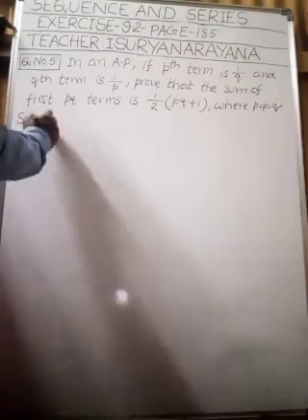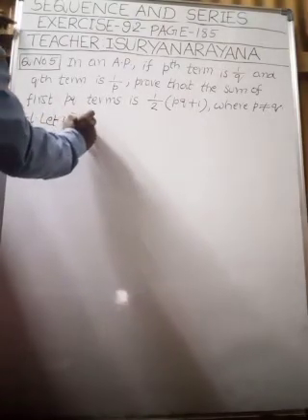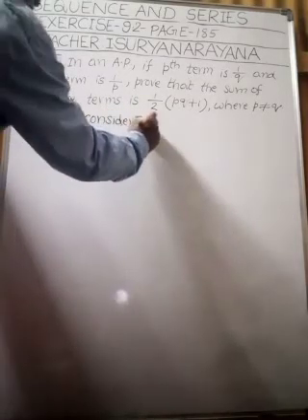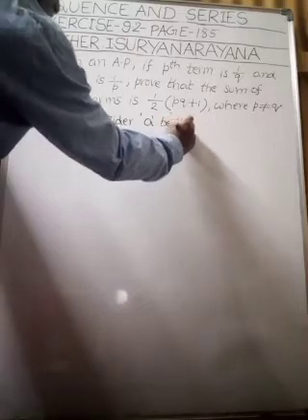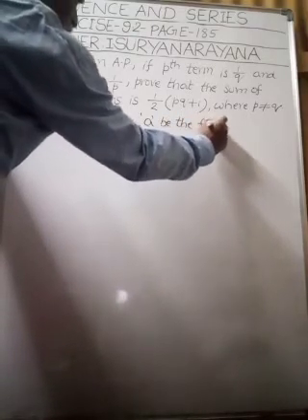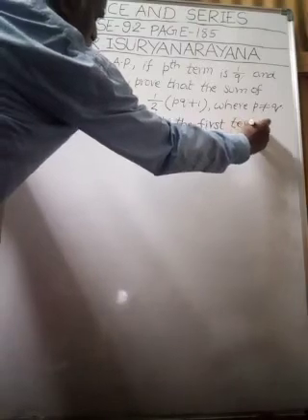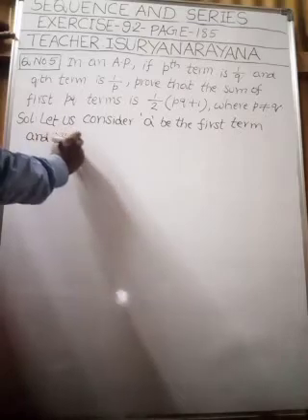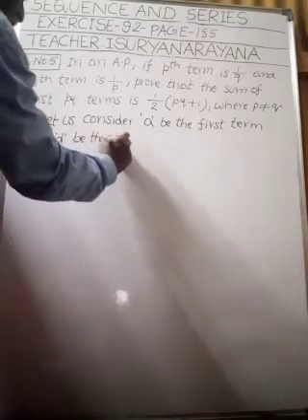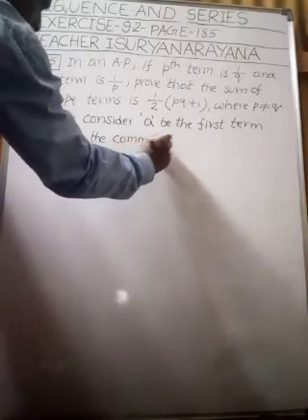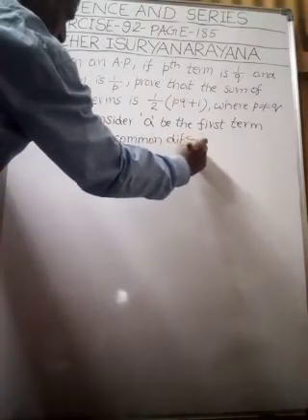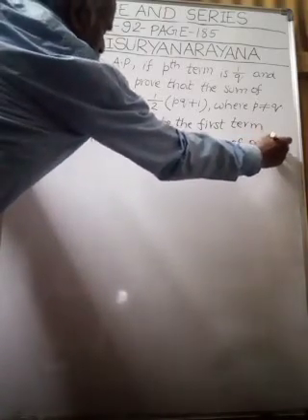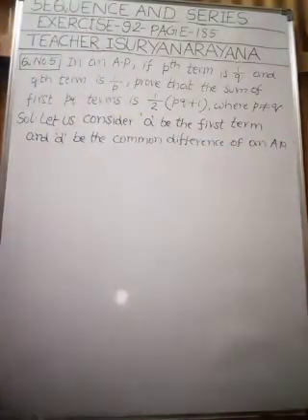So let us consider A be the first term, and D be the common difference of an arithmetic progression.